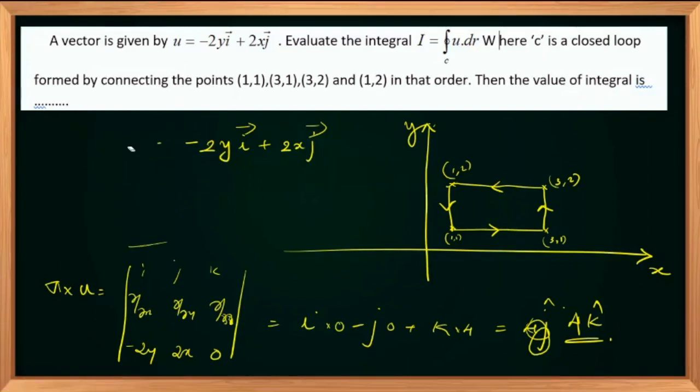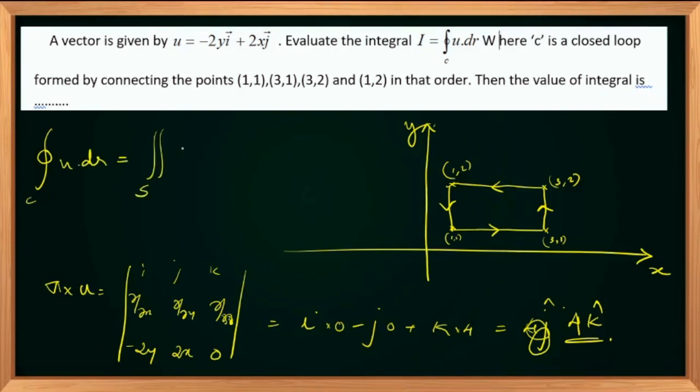So now what is the Stokes theorem telling you? Stokes theorem tells you that the integral over the closed loop C of u dot dr is actually equal to the integral over the open surface of del cross u dot ds, right?